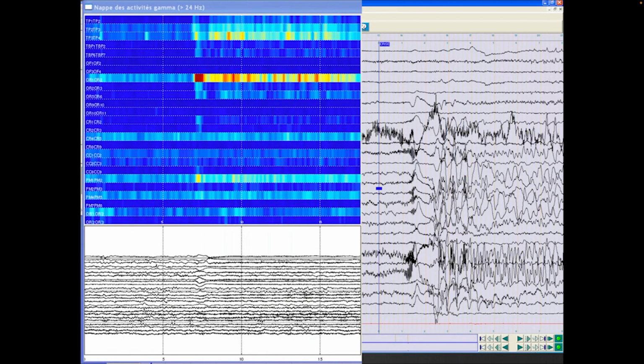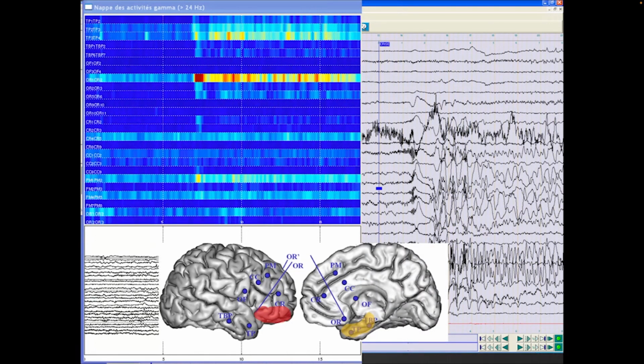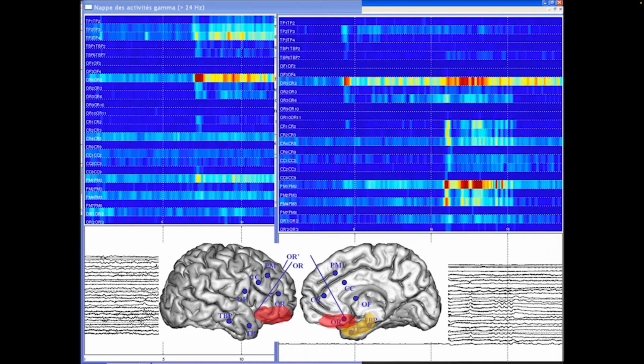You can see now the gamma activity starting in the orbitofrontal cortex, and you see that it started, in fact, in the lateral part of the orbitofrontal cortex, not in the medial part, where you see the red spot, with some propagation with lower frequency in the medial temporal. But now, when she's manipulating the objects, the medial orbitofrontal, the medial cingulate, pre-SMA and the lateral cortex are involved. So that's the organization.